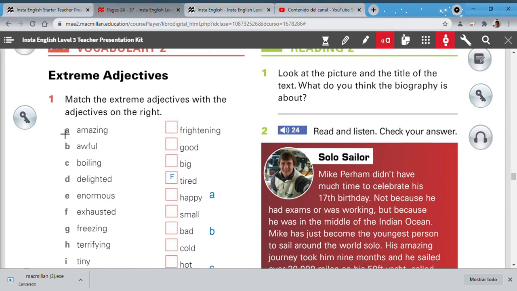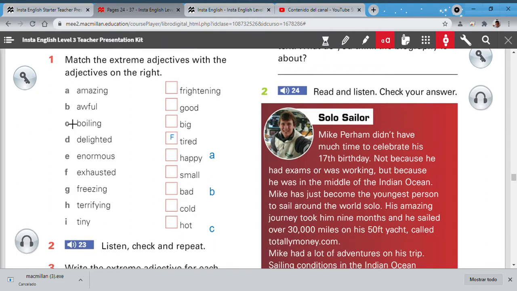So we have two columns, A, B, C, D, E, F, G, H, I, and in the other side I have similar words. What's the difference? The difference is that in the second part, it's like normal.